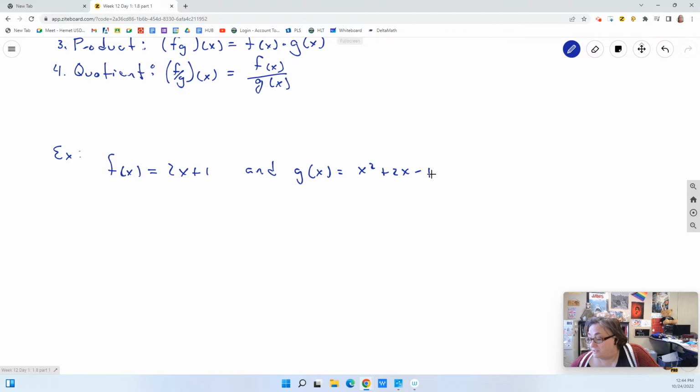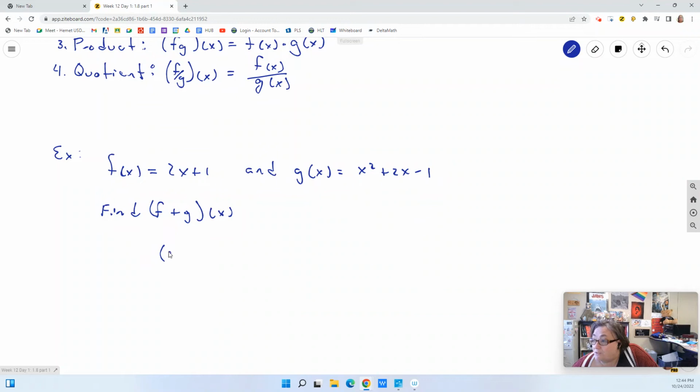Two different functions. And I want to find f plus g of x, right? Ultimately, all that means is I am going to take my f of x and add it to my g of x.